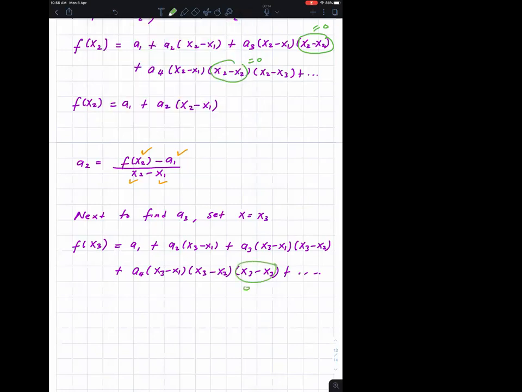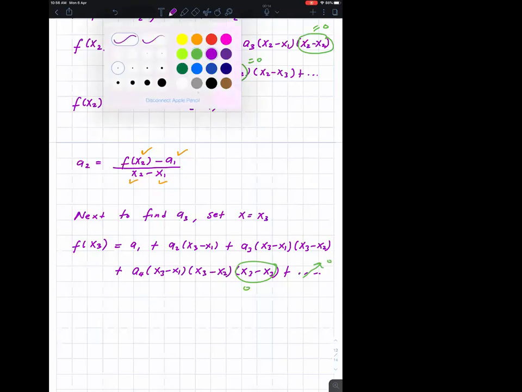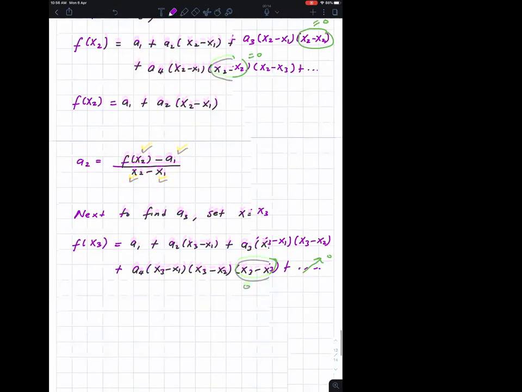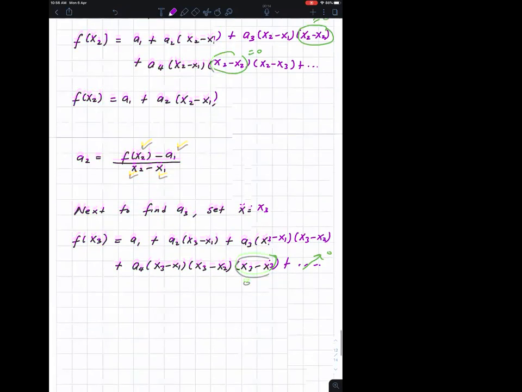So anything after this also is going to 0. So now you can solve for A3.